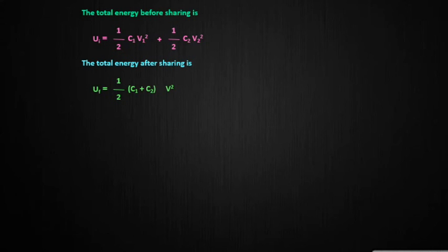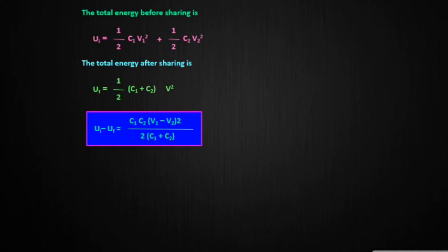Let us see whether there is a difference or not. If you find Ui minus Uf by substituting the values for Ui and Uf, and after simplification, you will get the result as C1 C2 into V1 minus V2 whole square divided by 2 into C1 plus C2. Here C1 C2 are positive. V1 minus V2 whole square is also positive.